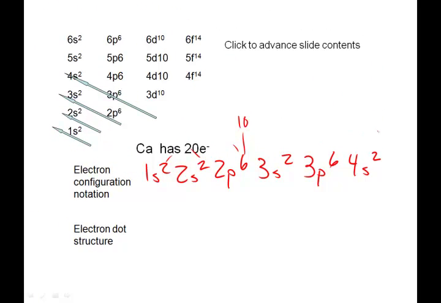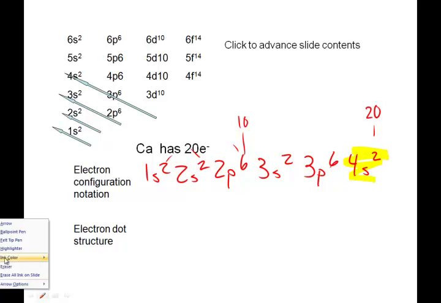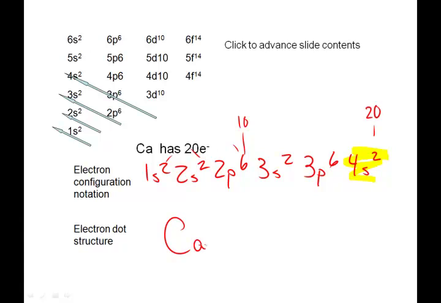And then another 10 brings us to 20. That does look like calcium with 20 electrons. So our electron dot structure for calcium is going to include just these 2 electrons in the 4s energy level. So the electron dot structure is going to be calcium with 2 valence electrons.